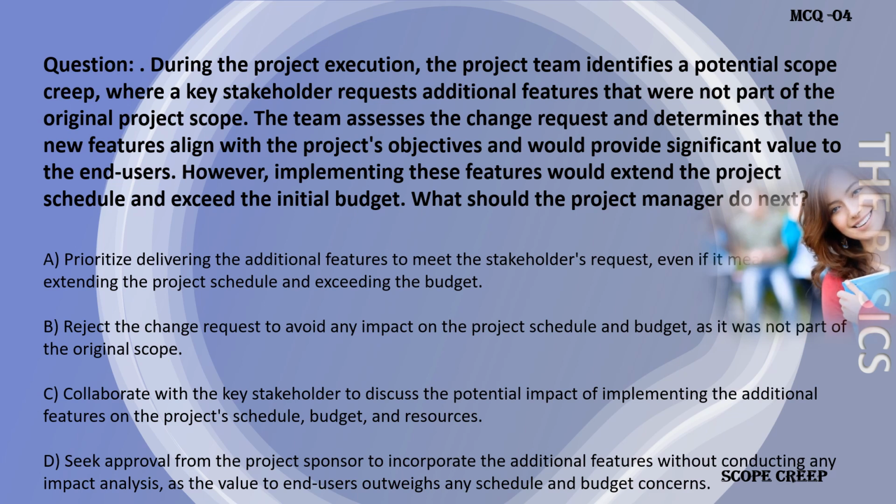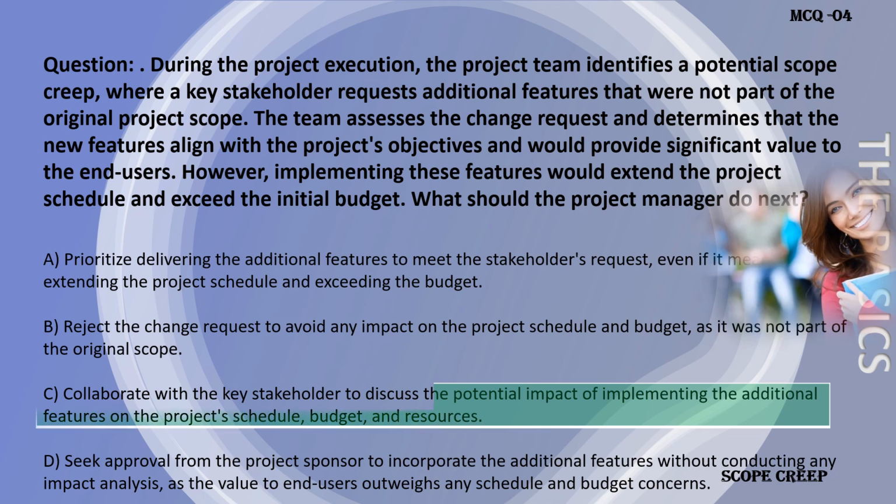C. Collaborate with the key stakeholder to discuss the potential impact of implementing the additional features on the project's schedule, budget, and resources. D. Seek approval from the project sponsor to incorporate the additional features without conducting any impact analysis, as the value to end users outweighs any schedule and budget concerns.